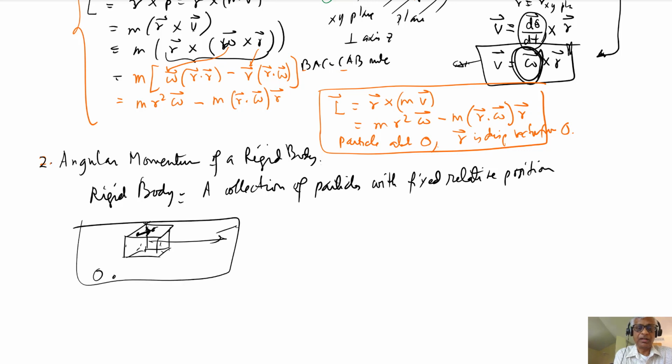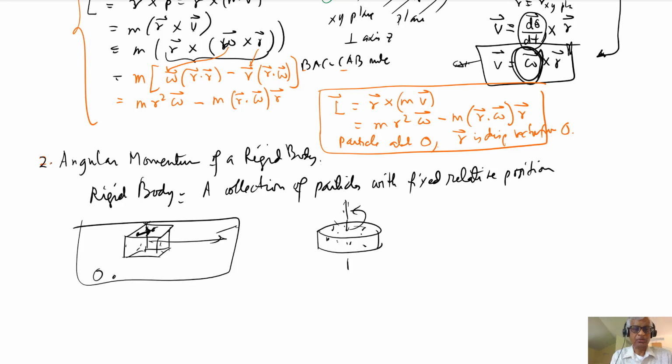So that's a rigid body. You can have a disk rotating about this. You can think of this as a whole bunch of particles, but the relative position is not changing with time. Of course, the orientation in space is changing in time, but not the relative position. That's what defines a rigid body.